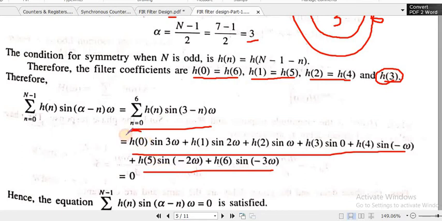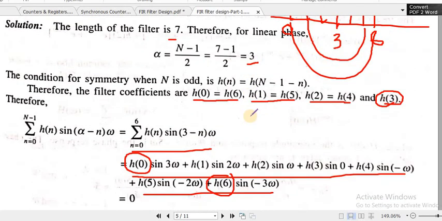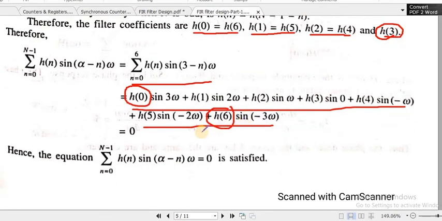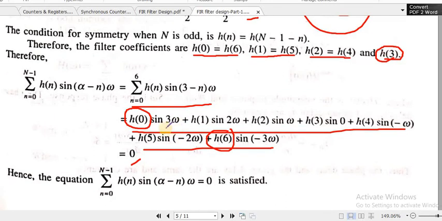Now we know that h of 0 is equal to h of 6, from the properties of symmetricity. So if we consider that the FIR response is symmetric and apply the symmetricity property, it will go to 0, because h of 0 is equal to h of 6. These two will be cancelled out because sine of minus theta is equal to minus sine theta.